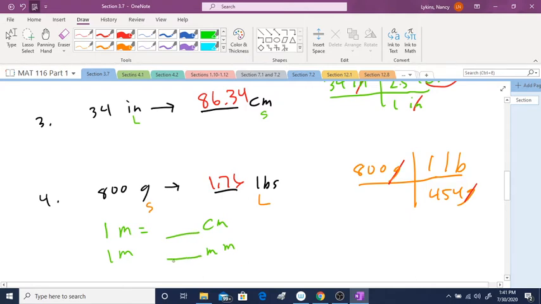Centi, think of century or a centipede. The number you should think about is 100. Milli, think of millipede or millennium, think of 1,000. So whenever you have one unit and a big number, that means the meter is my larger unit, and my centimeters are my smaller ones.